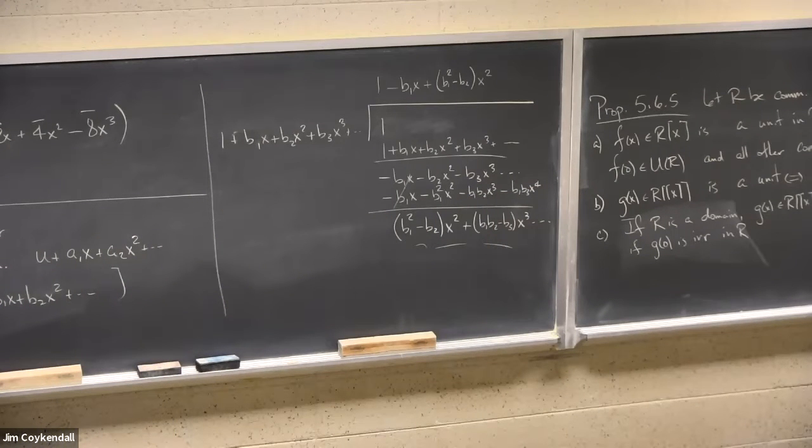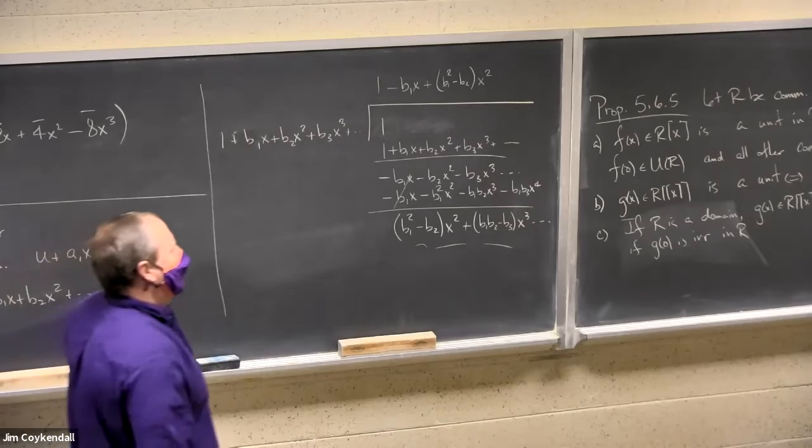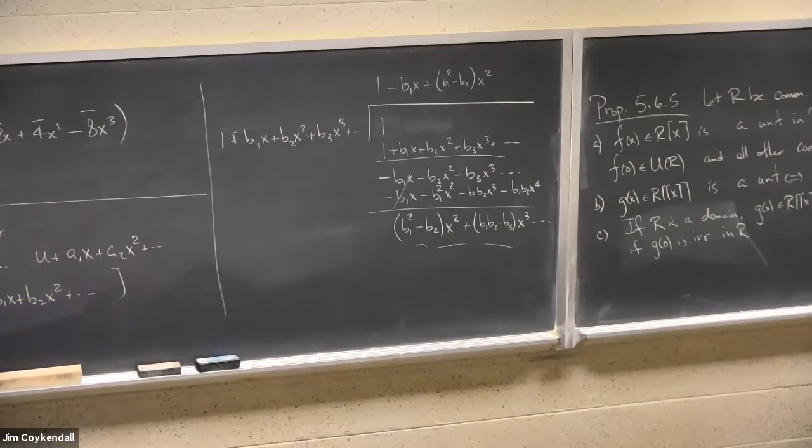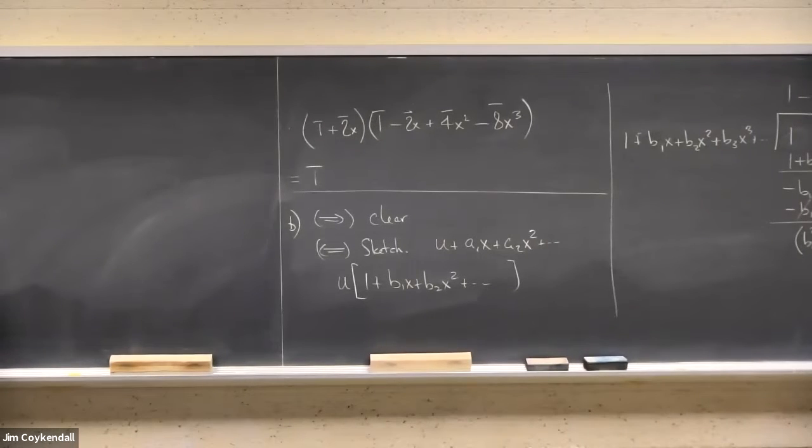And finally, number C: show that g of x is irreducible if g of 0 is irreducible. That follows from the previous.